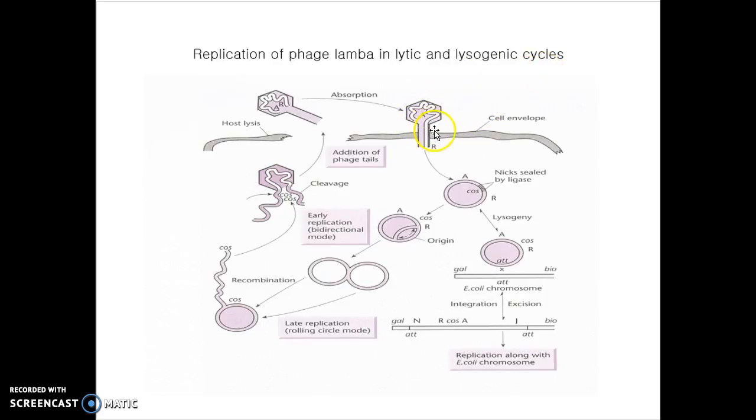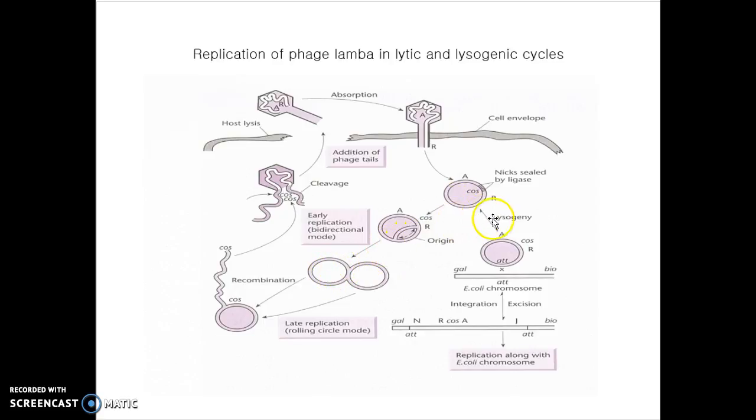After adsorption on the host cell, such as E. coli, they just inject their linear form of DNA. Inside the cell, this linear form is converted into a circular form, and then it could go either the lysogenic or lytic phase.